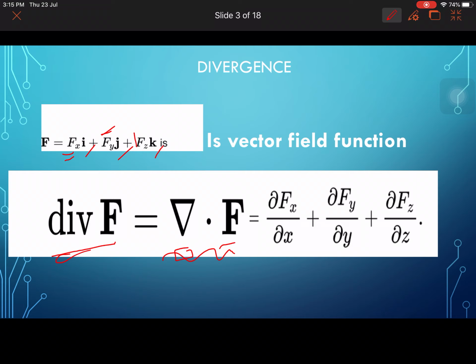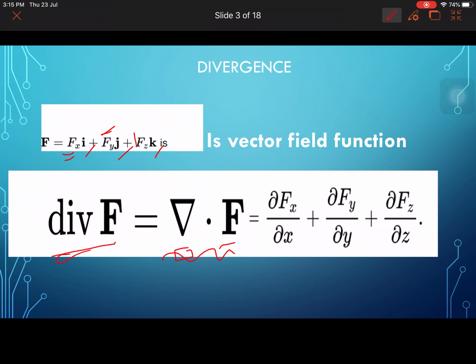You already know that del bar equals dou by dou x into i bar plus dou by dou y into j bar plus dou by dou z into k bar, whereas f bar equals fx into i bar plus fy into j bar plus fz into k bar.